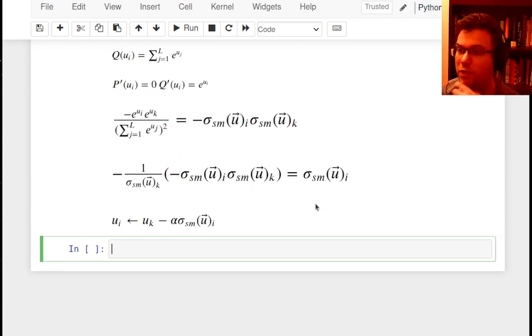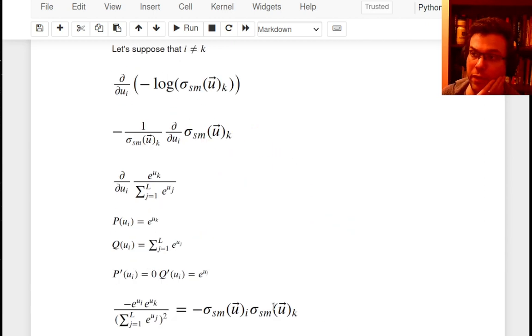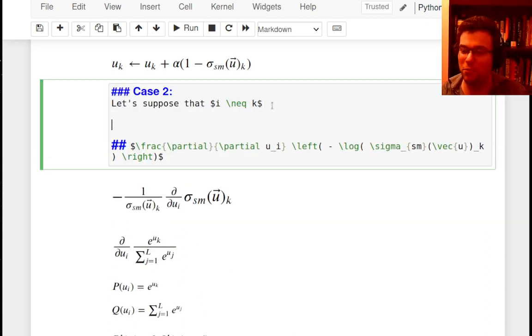So again, all I did was I took the derivative, and I took a little step against the derivative. And so this is also telling me something fairly intuitive. These are supposed to be 0. The things that are not on the hot 1 are supposed to be, I guess I'll call this the cold 0.